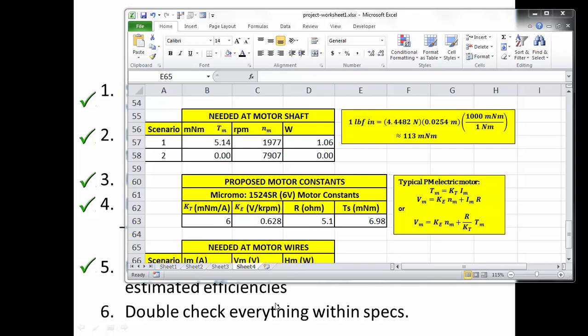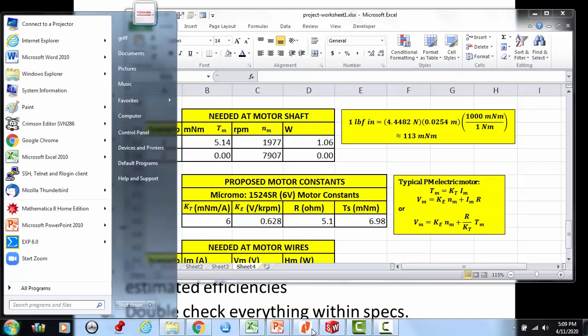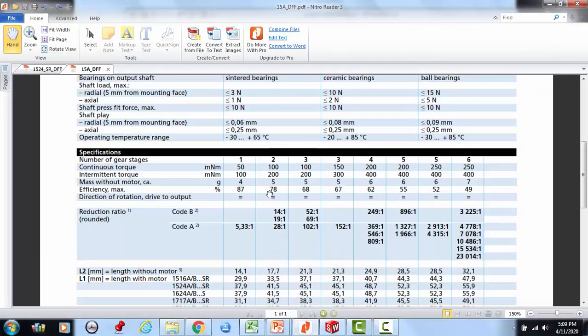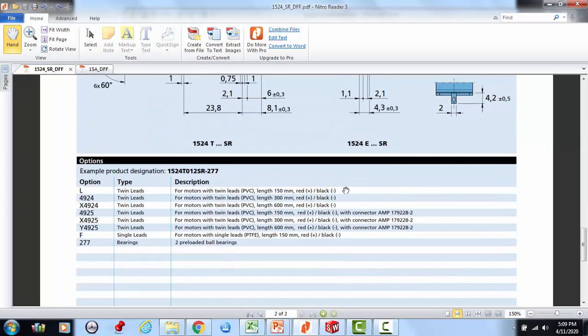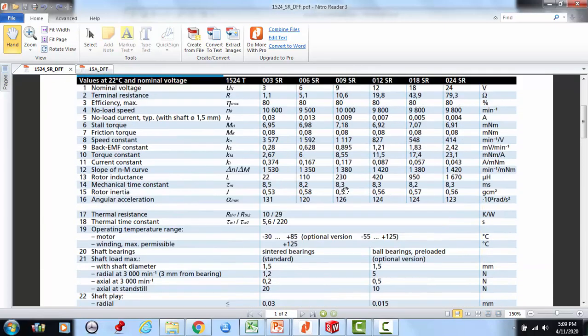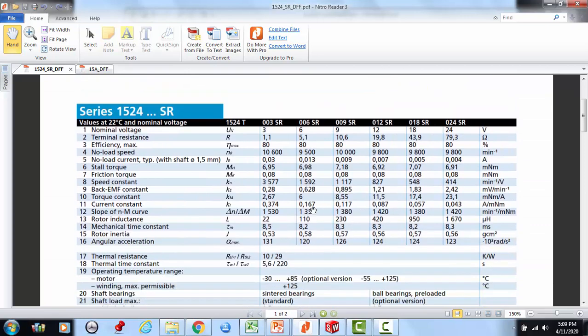You get these from the data sheet, so it's very, very important that you have a data sheet that you can trust. And like I said, from Micromo, this is something you can trust.